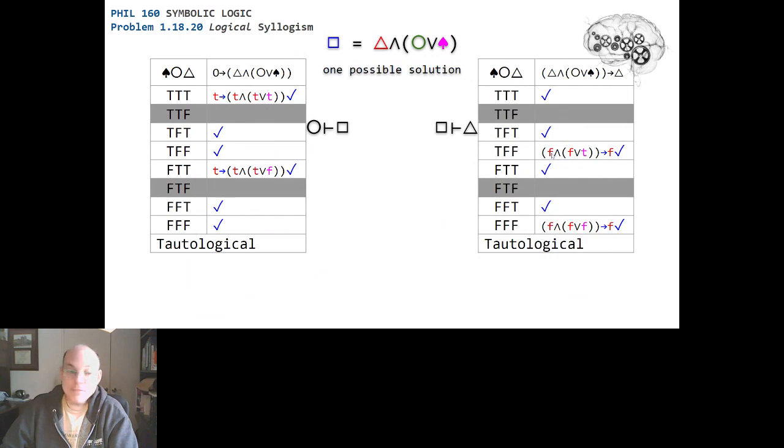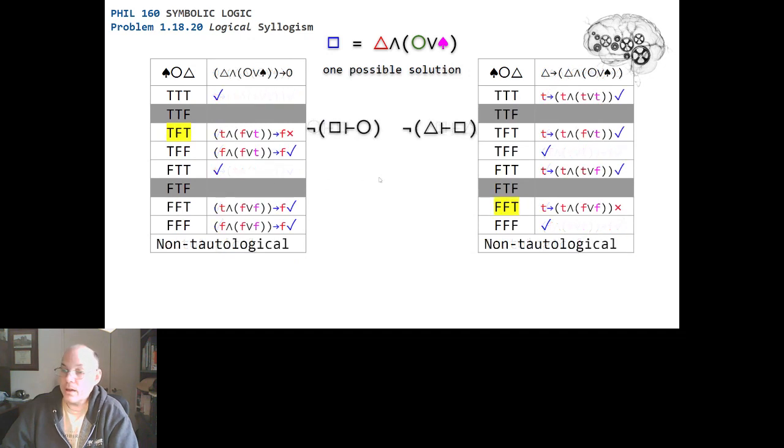The left input for the conjunction, because it's false, already drives the overall conjunction, the overall antecedent, to be false. And so we end up with tautologies in all the cases. And again, we're ignoring the cases where circle is true and triangle's false, because that's the condition we're given.